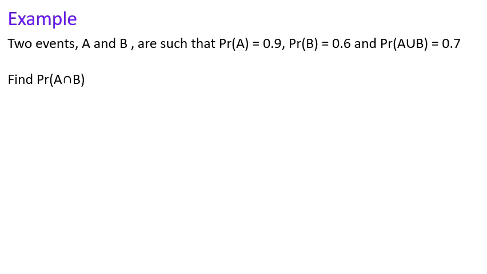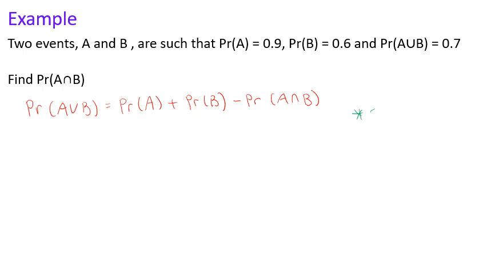I'm going to show you a second example. Two events A and B are such that the probability of A equals 0.9, the probability of B equals 0.6, and probability of A or B equals 0.7. Find the probability of A and B. First thing to do is write out the addition rule. Probability A or B equals probability of A plus probability of B minus probability of A and B. Next I substitute in values.